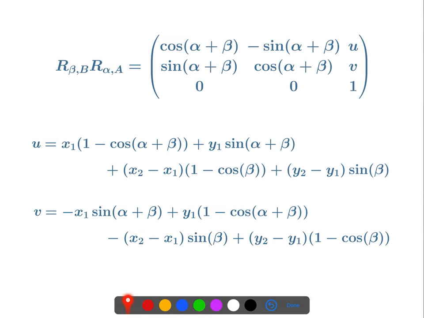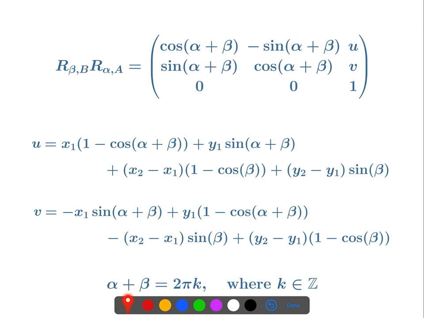So this is what we showed the product of these two matrices are. It looked like this. And this U and V we've now simplified to these expressions down here. Now let's remind ourselves what we wanted this to look like. When alpha plus beta is an integer multiple of 2 pi, we need this actually to look like a translation.